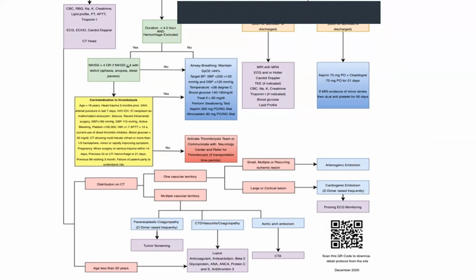CT scan should be done. If it is a TIA, then we should go for ABCD score. If it is more than or equal to 4, admit the patient. Investigation and treatment should be done.